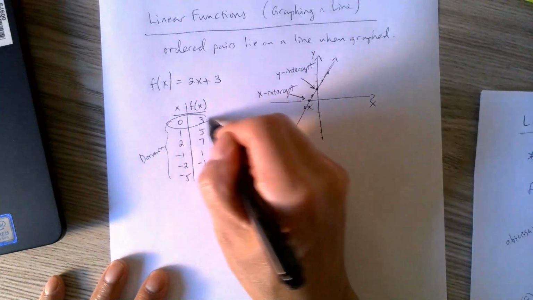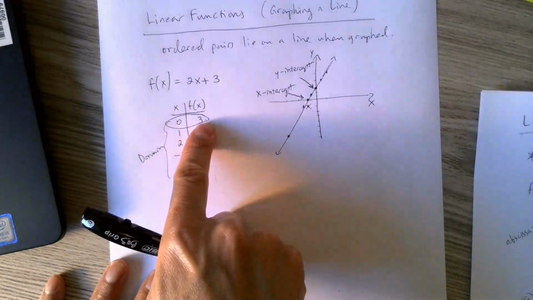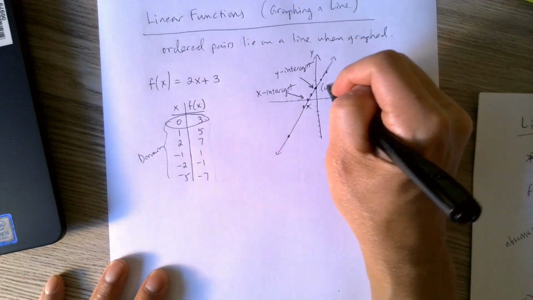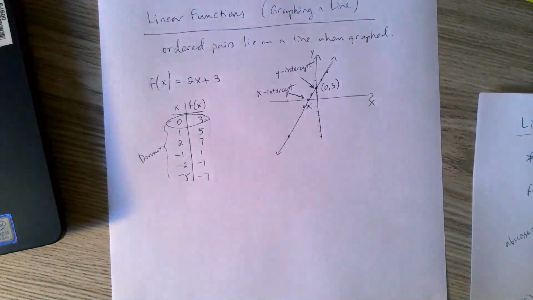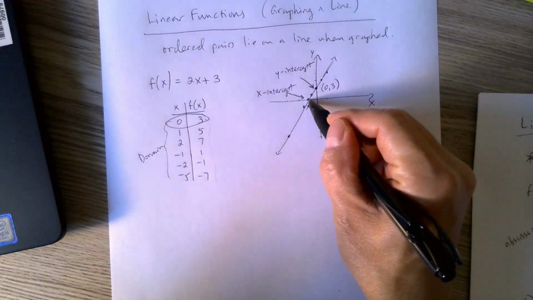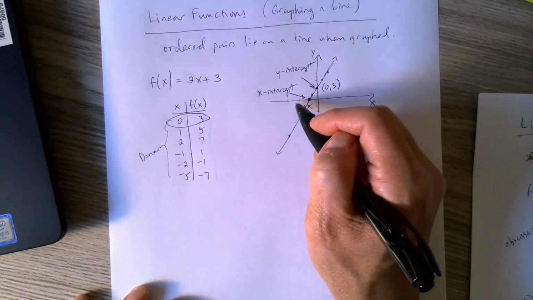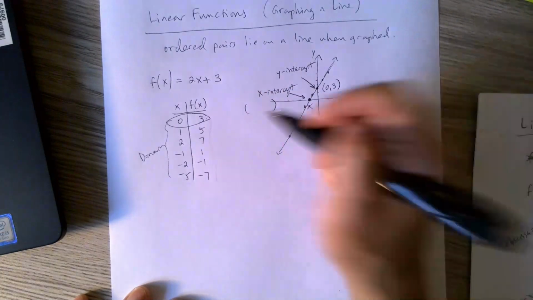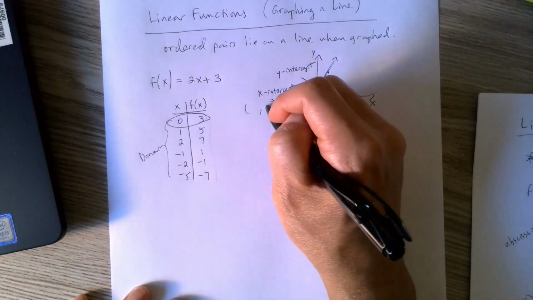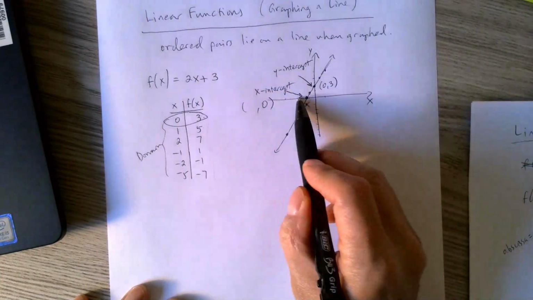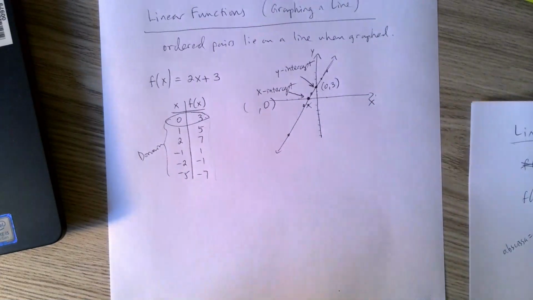Now I happen to have the coordinates of the y-intercept right here, 0, 3, so I will label that. Now, if I were interested in the x-intercept, I can find it because I know that the x-intercept will have an ordinate of 0, because every point on the x-axis will have an ordinate of 0.